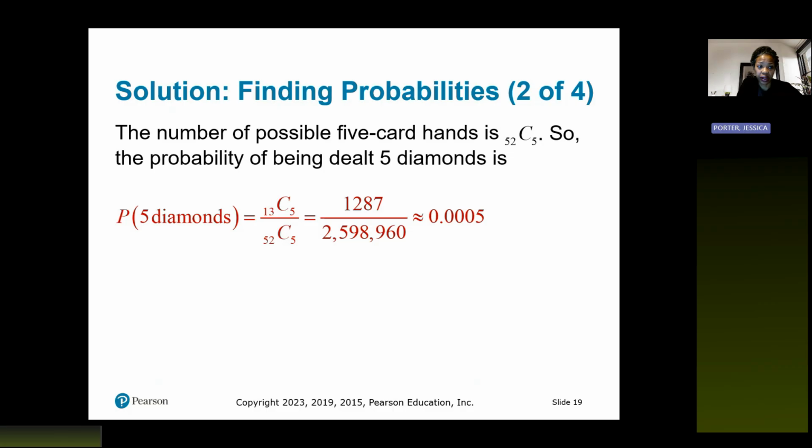I'm just going to pause right there because the probabilities when you're using combinations can be tricky. Okay, we'll try another one and see.